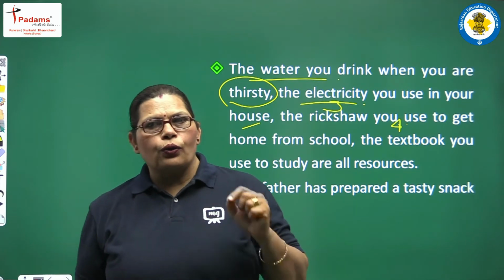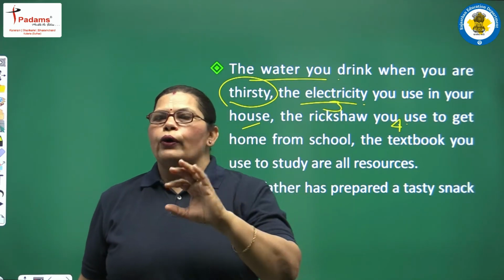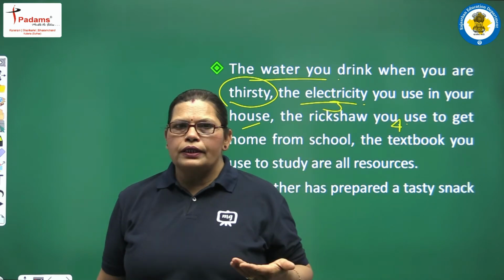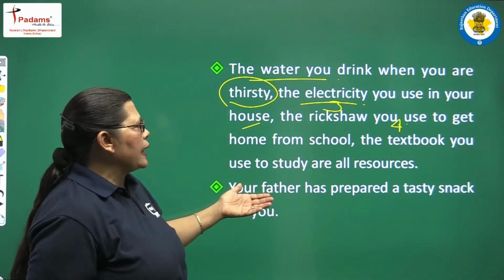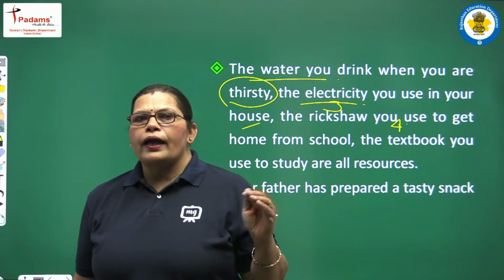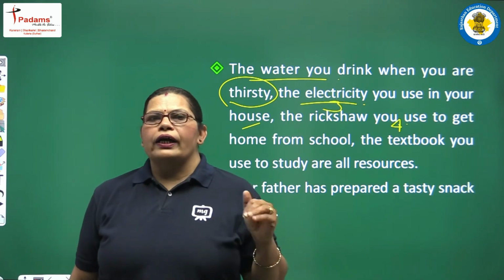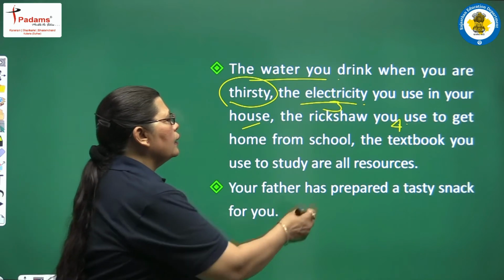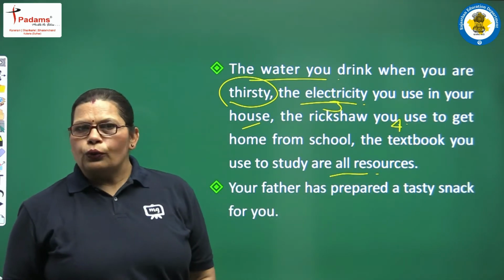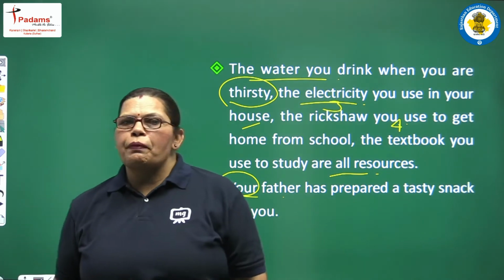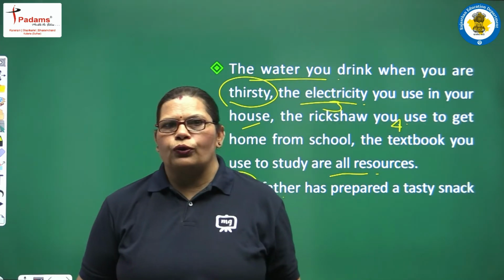And as you recognize everything, you have water in your bottle, you have a fan for the use of electricity in your class, you have your textbooks, and when you are coming to school via bus, via rickshaw, via any other thing, then all those are resources. Okay. One more thing, your father has prepared a tasty snack for you.